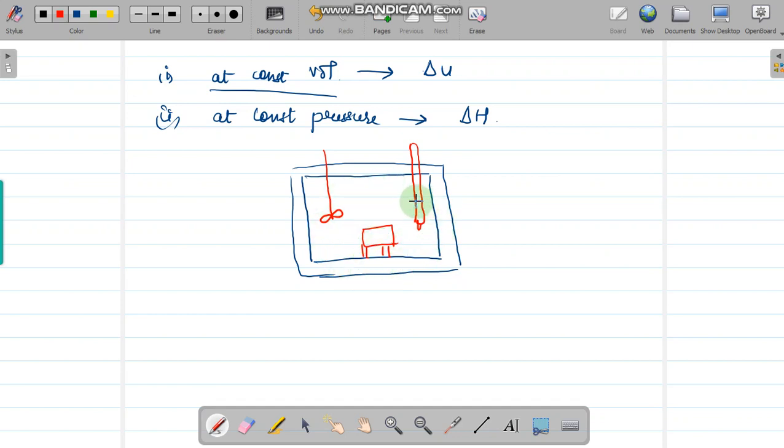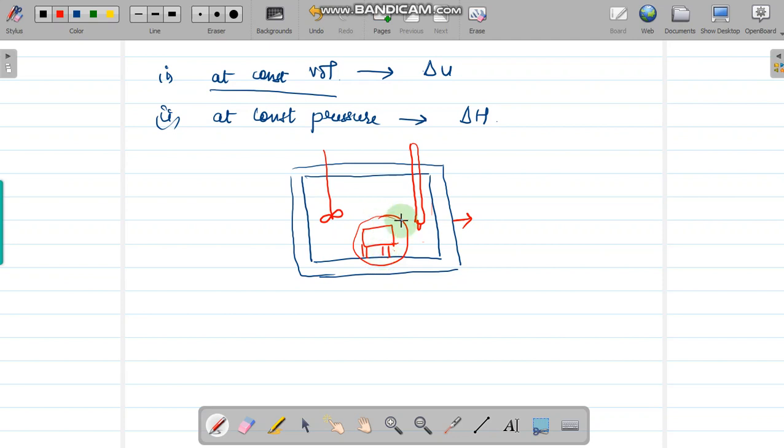This apparatus, or you can say water bath, has insulated outer walls, means this inner lining is a water bath and this outer one is the insulated lining. Now there is another vessel in this chamber in which a reaction is going to take place. This chamber is immersed in the water bath.